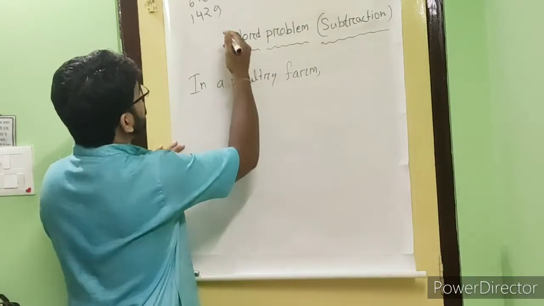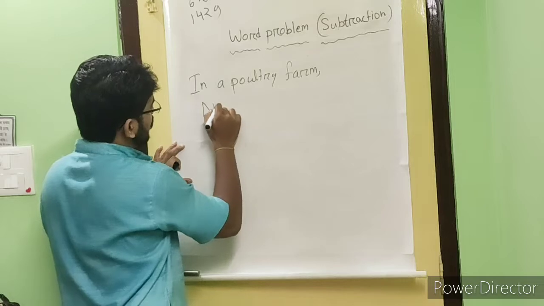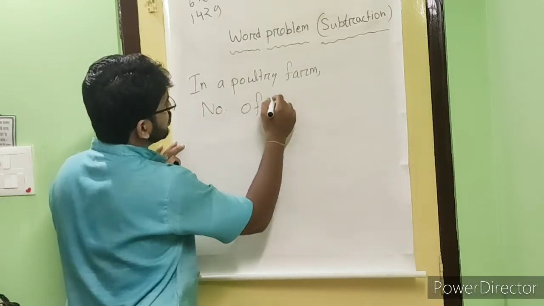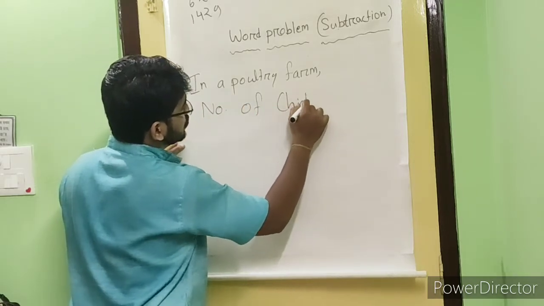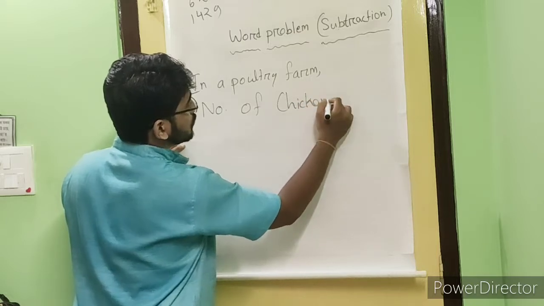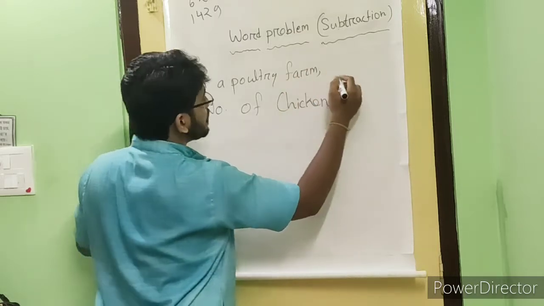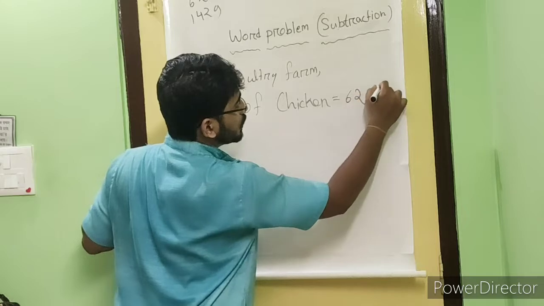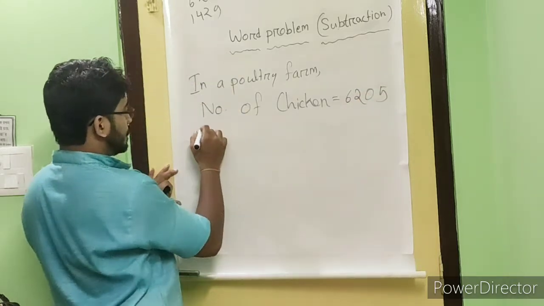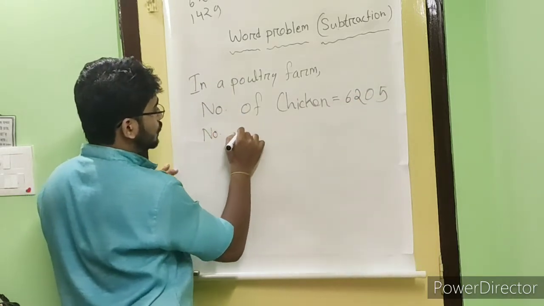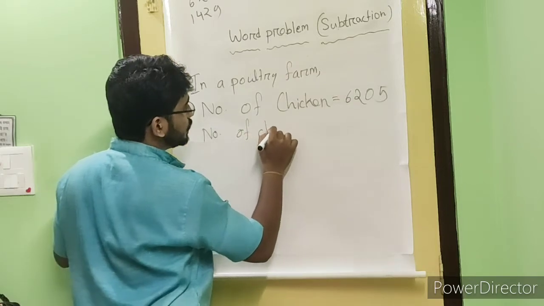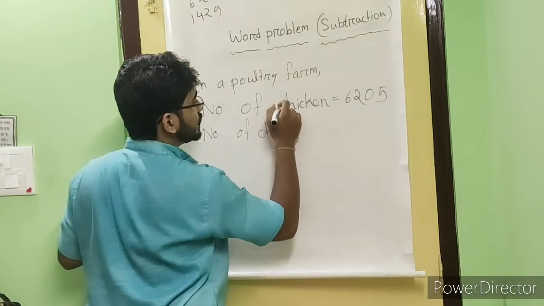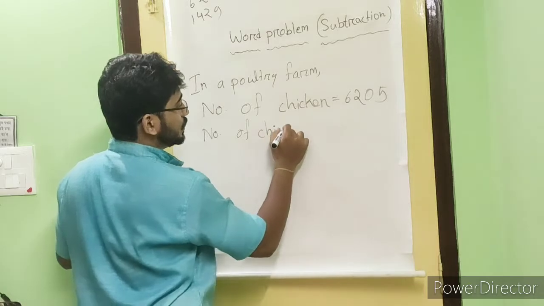In a poultry farm, number of chicken equals to 6205. Number of chicken, sorry, I have written capital 1.